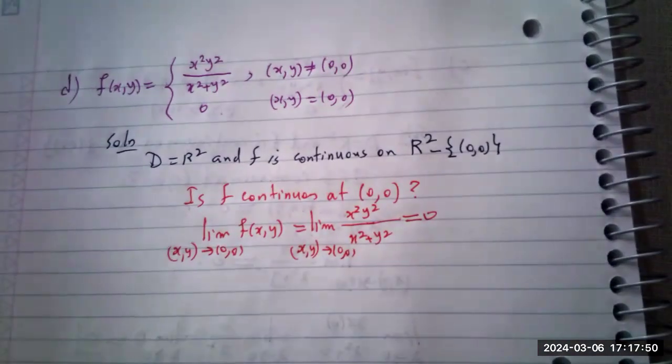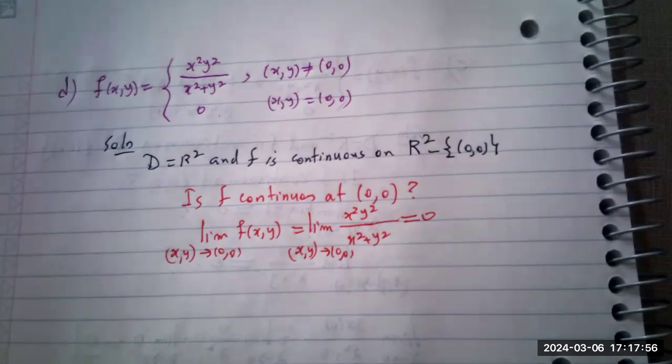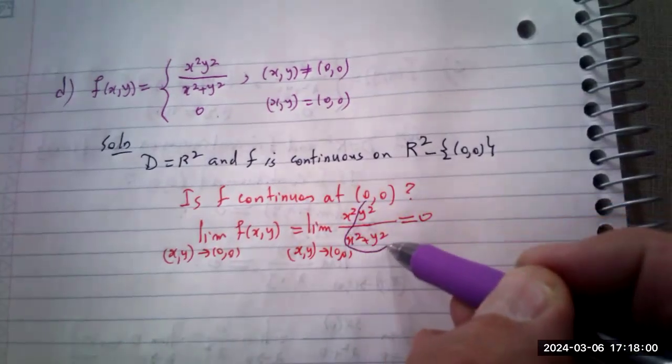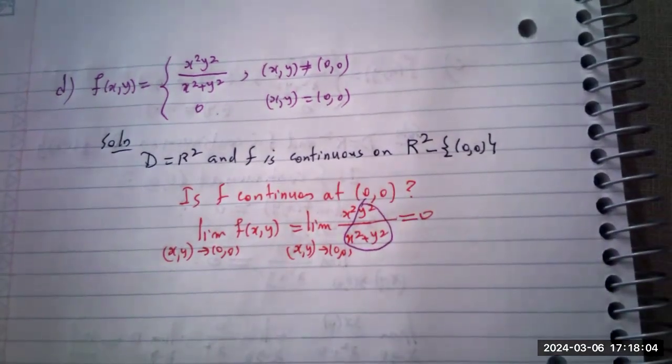If it's going to be 0, the answer is yes. If it's not going to be 0, the answer would be no. Check for the bounded component. You see, bounded component. This is less than 1. Answer would be yes right away.